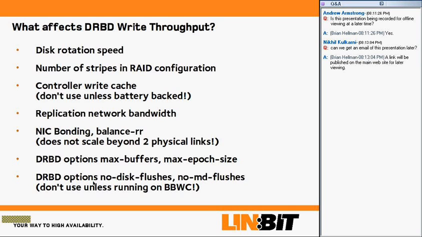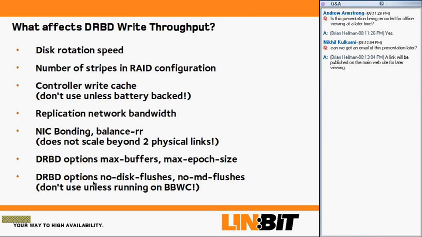So comparatively slow I/O subsystem there with 70, 80 megabytes per second. And we have a fast replication network which pulls about 110 to 115 megabytes per second, which is typical of gigabit Ethernet. Here, of course, the disk is your bottleneck, and DRBD can never be faster than the disk.